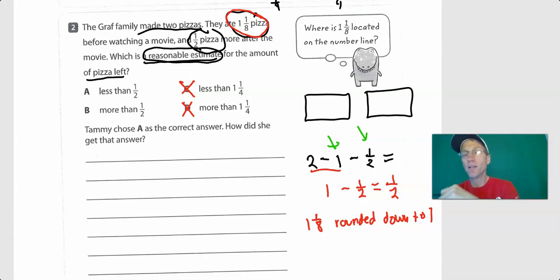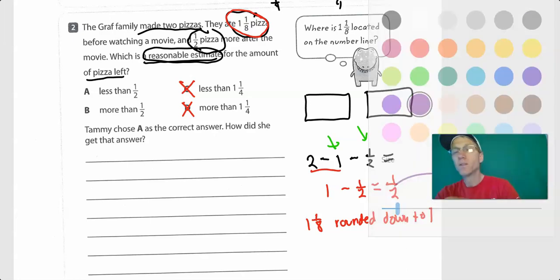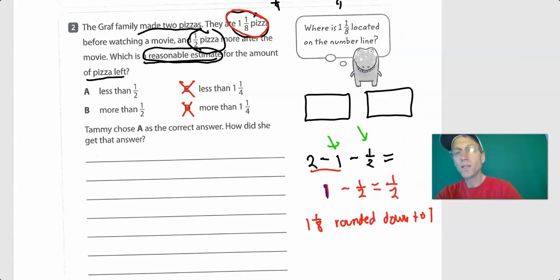So we round it down. So we actually have a little more than 1 pizza here. So if we have a little more than 1 here, we should have a little more than 1/2 here. Hopefully that makes sense. So it's a little more than 1/2, okay?